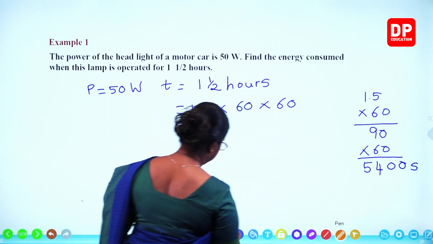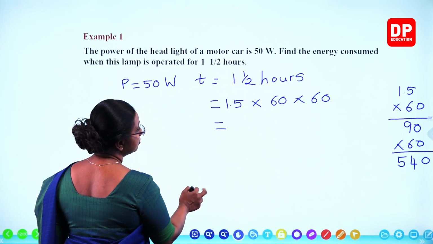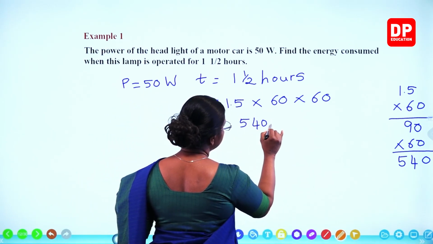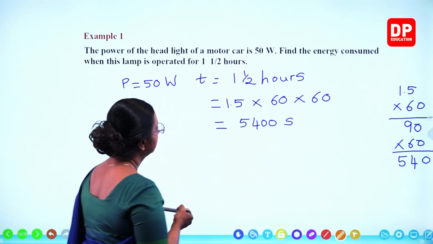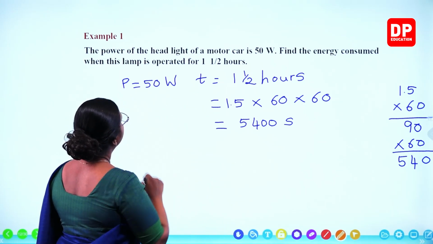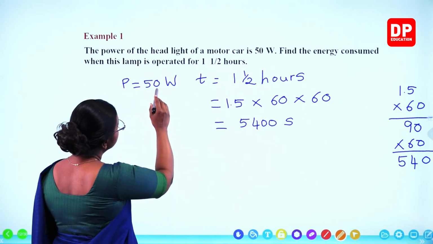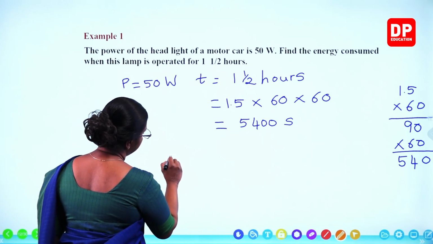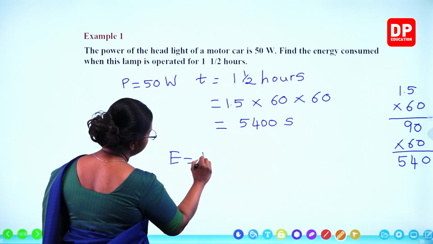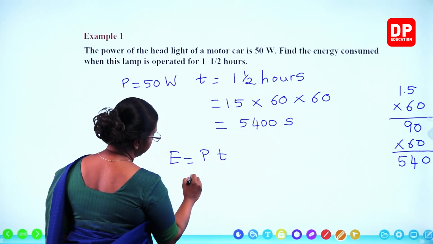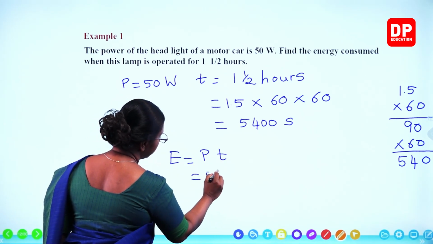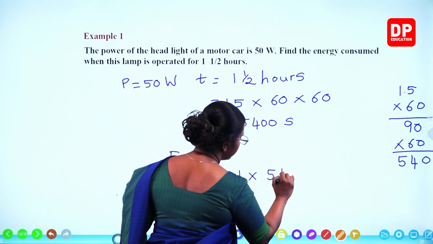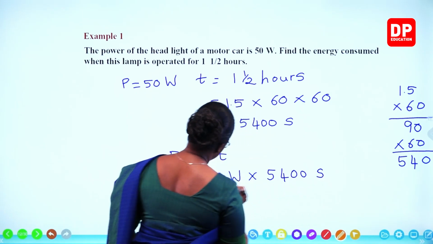Okay. So then if we are to do the calculation, time is 5,400 seconds, power is 50 watts, and we need to calculate the energy. Energy equals P into T. Power 50 watts into time 5,400 seconds.